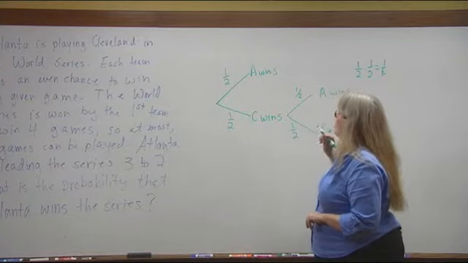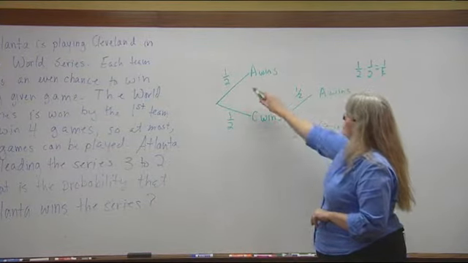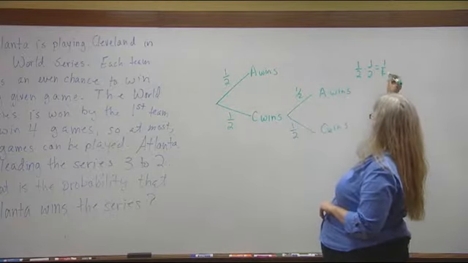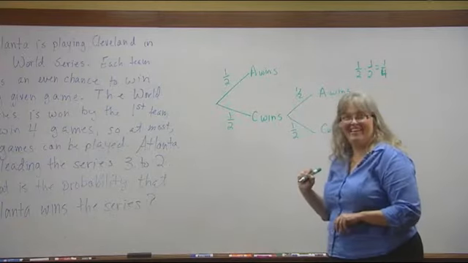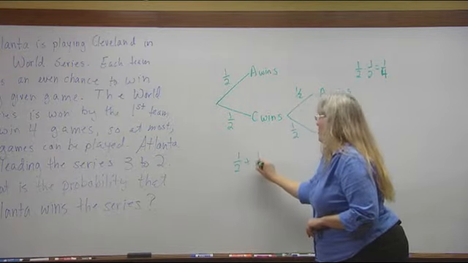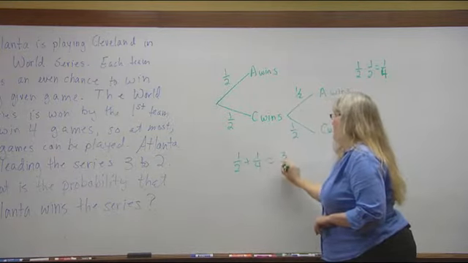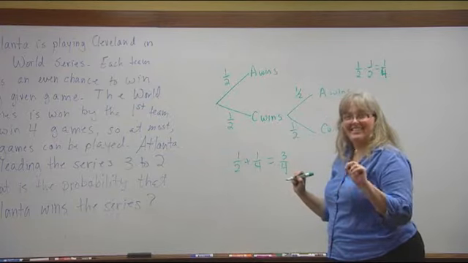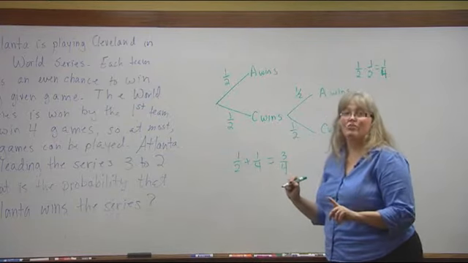Okay, so the probability that Atlanta wins is going to be 1/2 plus 1/4, which is 3/4.